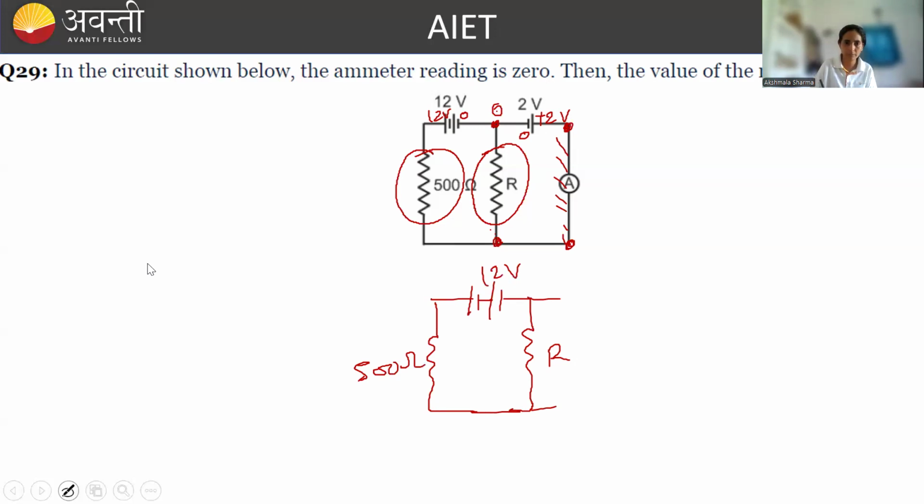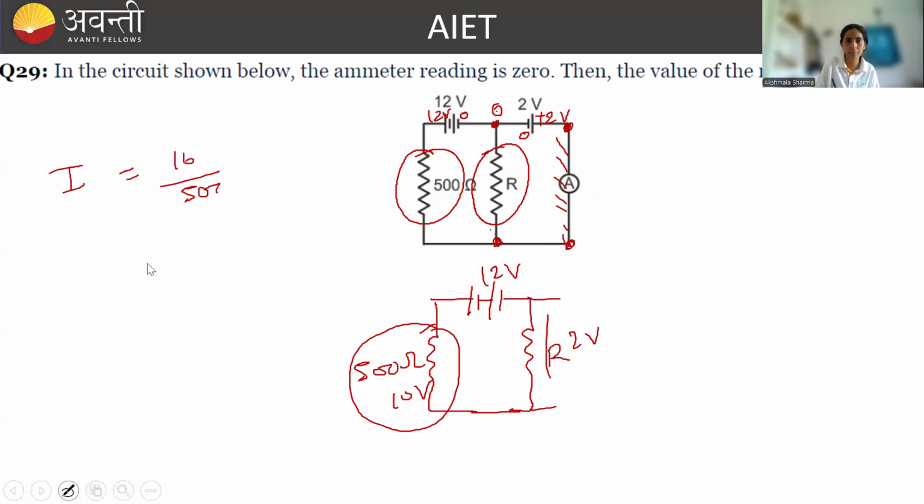So if this is 2 volt, then out of 12 volt, 2 volt R is taking, so 10 volt this will take. Now what will be the current here? It can be written as 10 by 500. So this can be taken as 1 by 50 ampere. And this same current will flow through this.